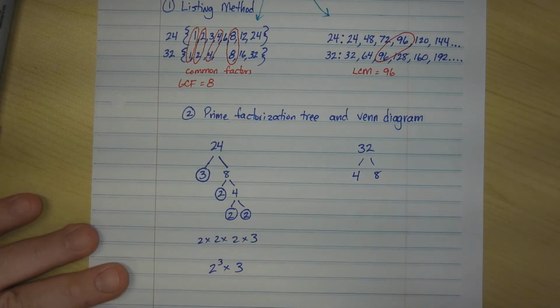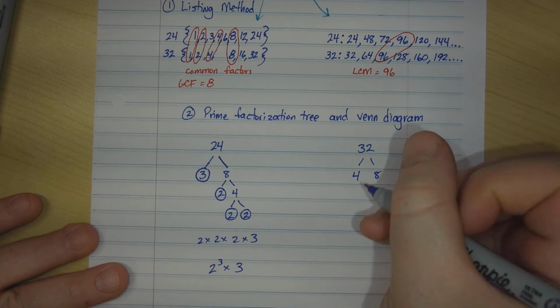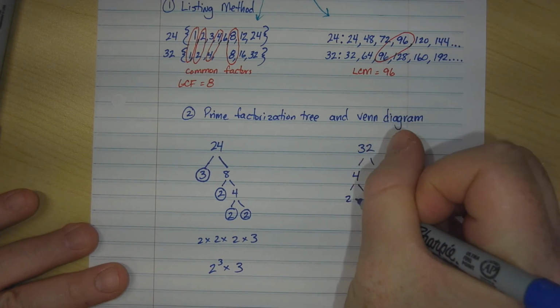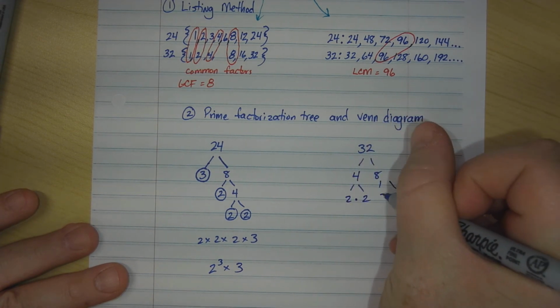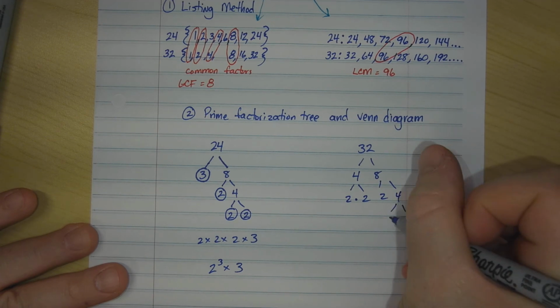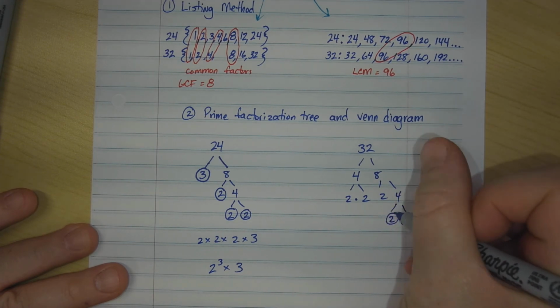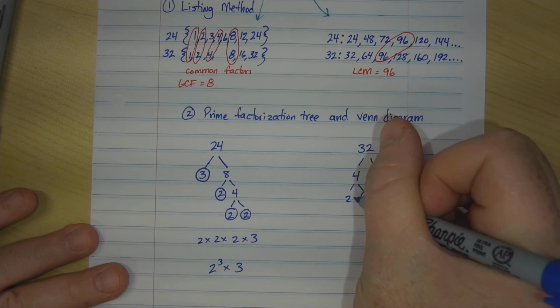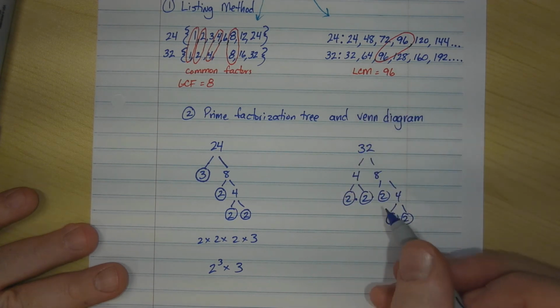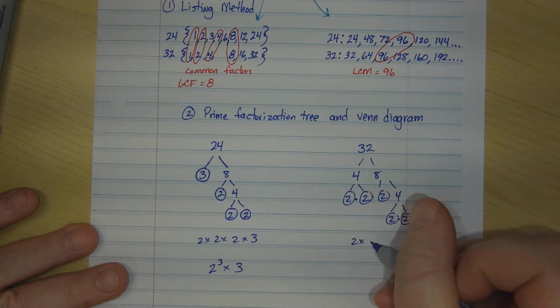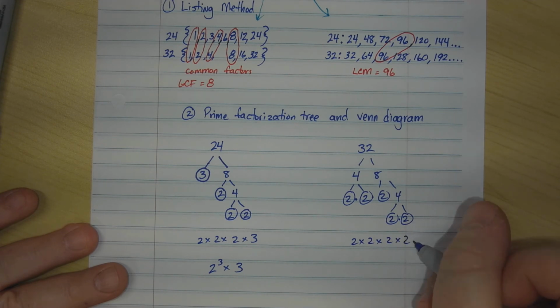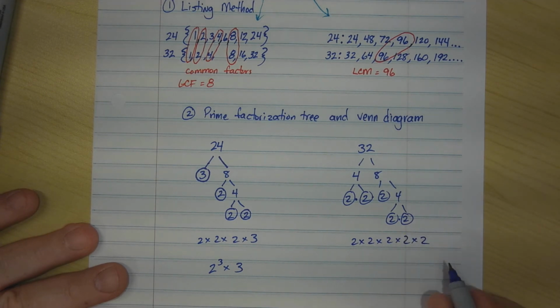But let's say we didn't know that. 2 times 2, 2 times 4, 2 times 2. Circle your prime factors. This is going to be 2 times 2 times 2 times 2 times 2. That's 2 to the 5th power.